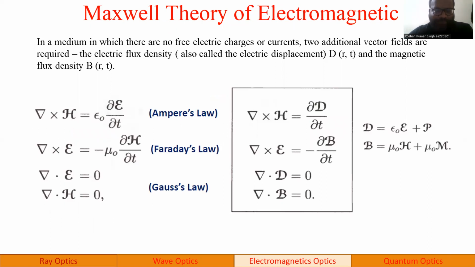Maxwell gave these four equations. The left side is the Maxwell equations in free space, and the right side is the equations for light propagating in a medium where there is no free charge.